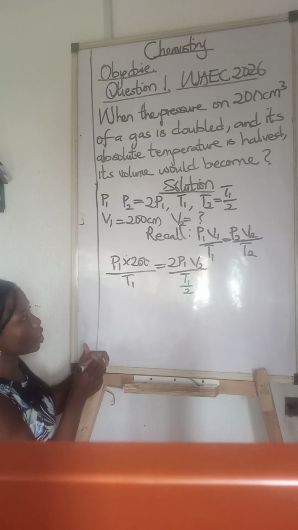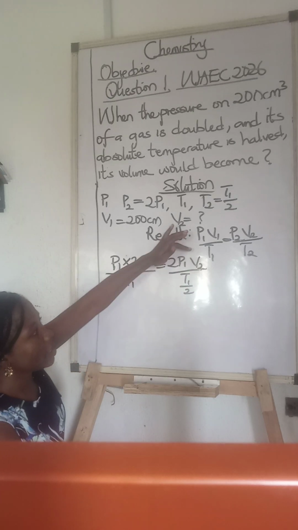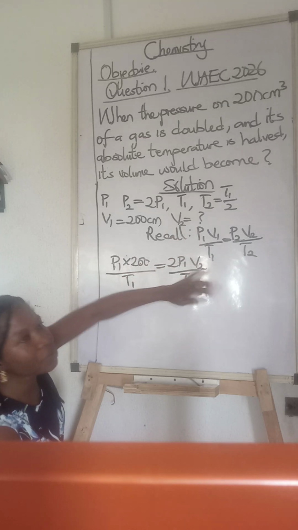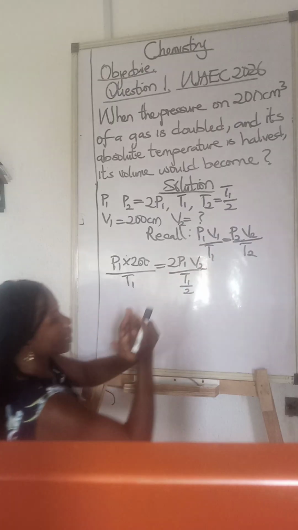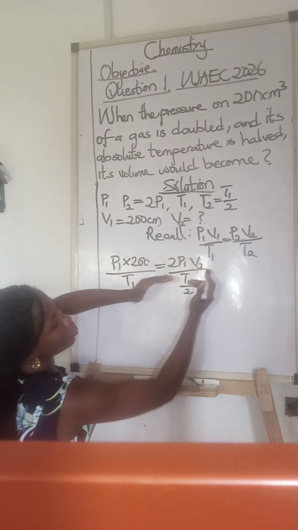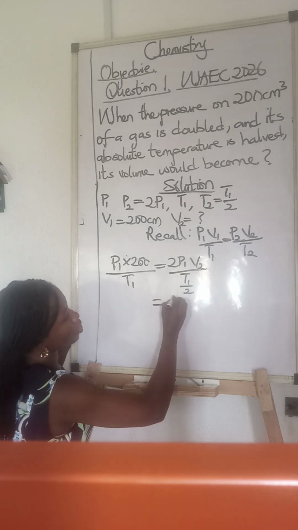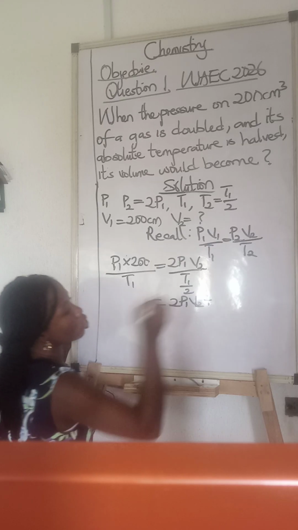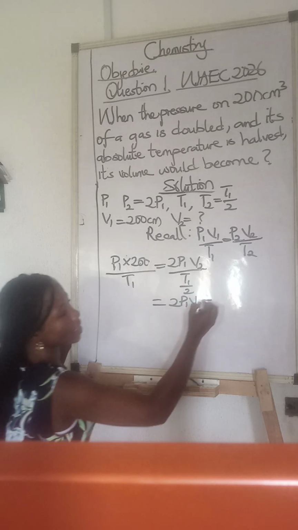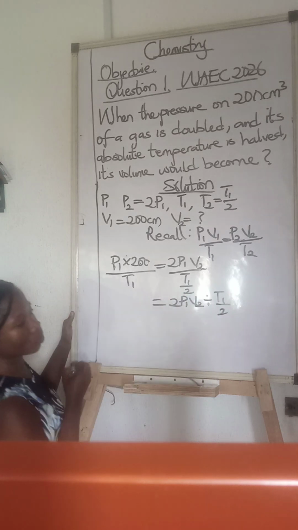When you see such an equation like this, what comes to your mind? A fraction already having 3 fragments. You take the bottom fraction to the other side. The relationship between the top and the bottom is divide. So what we do is to put the division sign. This gives me 2P1 V2, which can also be written as divided by T1 over 2.